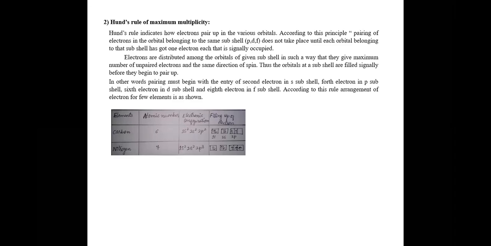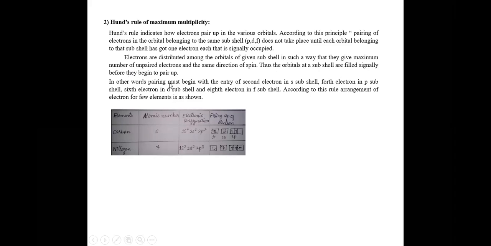Thus, the orbitals of a subshell are filled singly before they begin to pair up. So, first we singly fill the electrons, then we start pairing up of the electrons.